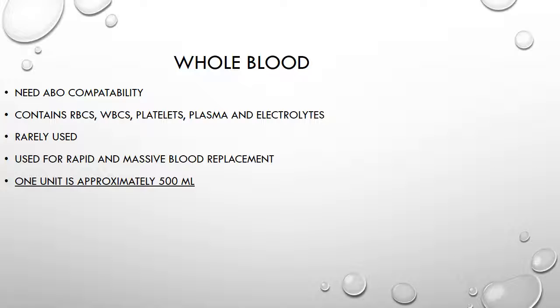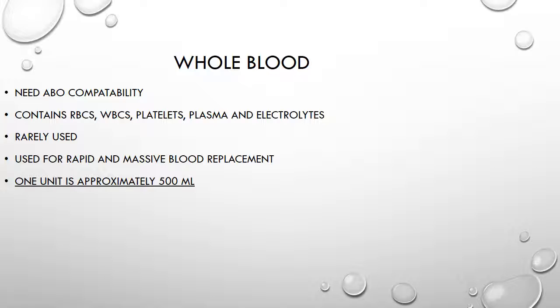Sometimes we use units of whole blood for rapid, massive blood replacement. So these might be our patients who have been in a trauma, right? We need to replace not just components of their blood, not just the red blood cells, but actually the volume of the blood also. So we don't use it a whole lot.